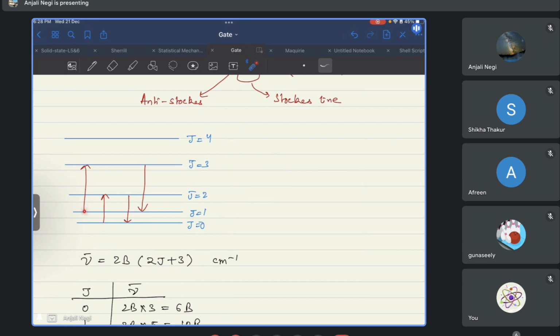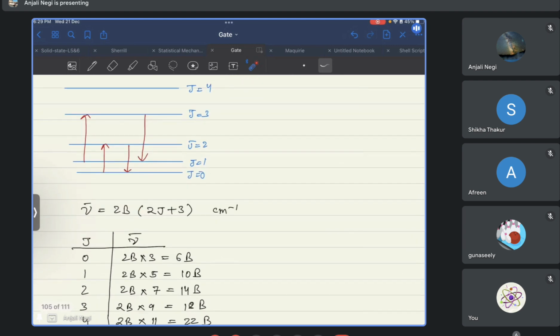If I am at J equal to 1, then the excitation will be to J equal to 3. Similarly, the emission will be in the same manner: from J3 we come back to J equal to 1, and from J2 we come back to J equal to 0.